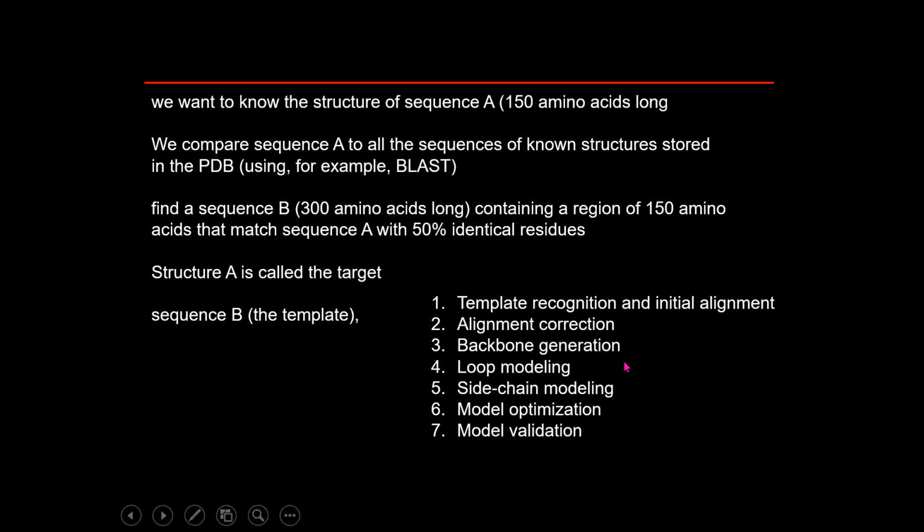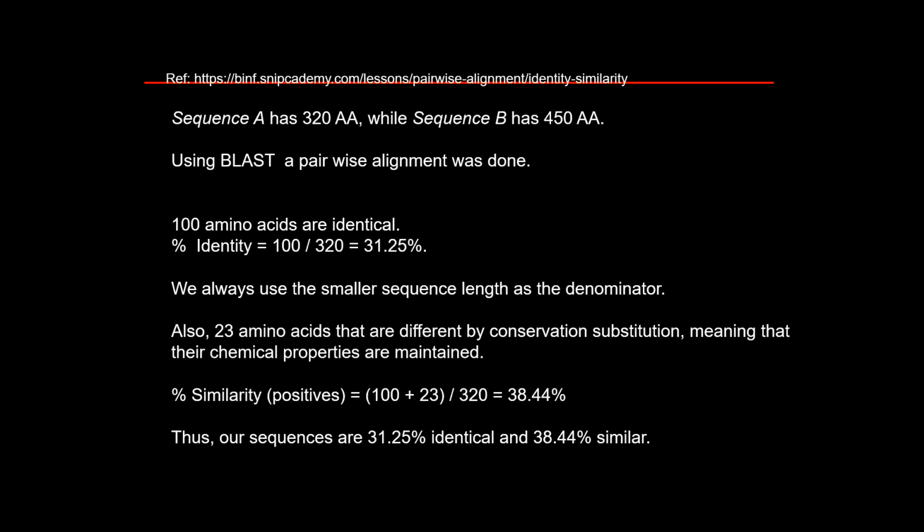BLAST takes care of all this. It will do all those comparisons and give us a number. Then we select the one which has very high identity with respect to the amino acid comparison, take that as our template, and build our protein of interest. Just to give an example, sequence A has 320 amino acids and sequence B has 450 amino acids.